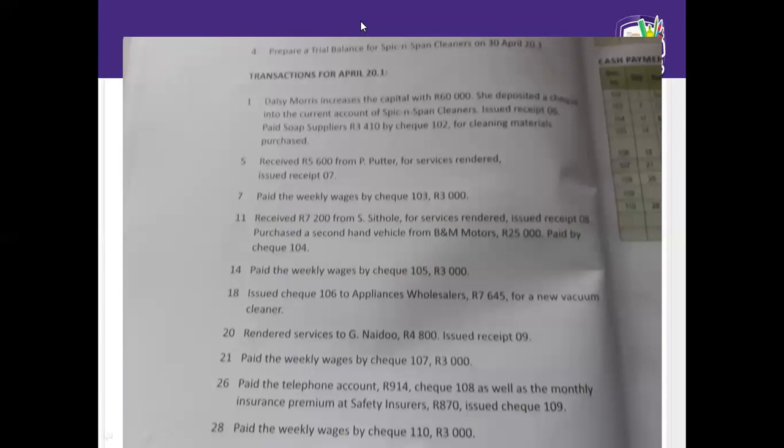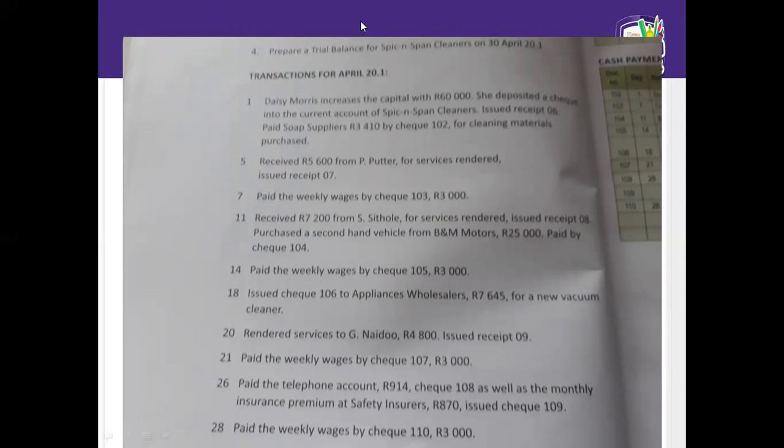You can actually say there are two transactions here on the same date, both on the 26th. The one is regarding the telephone account, where the amount is 914 Rand, and the other one is about insurance, where the amount is going to be 870 Rand, and there are separate check numbers.